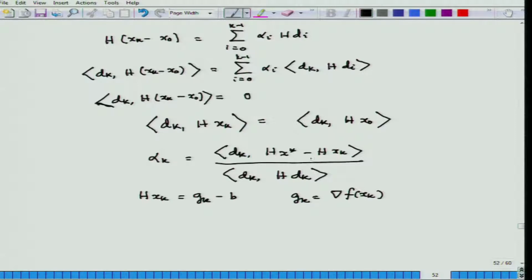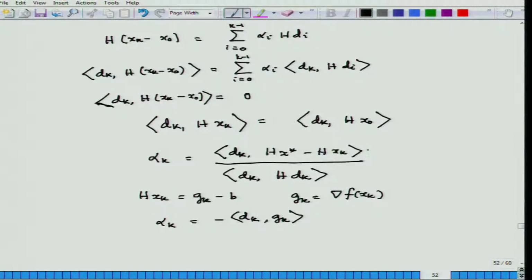But what is h x star? H x star is nothing but minus b, because x star is the unique minimum. So, ultimately alpha k can be written as minus d k g k. You put h x k as g k minus b, so it becomes minus g k plus b, while h x star is minus b.